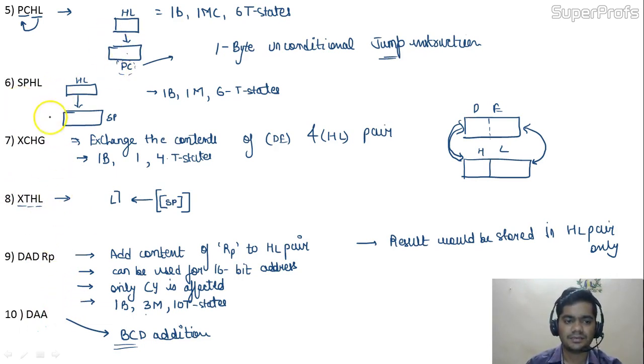So these types of instructions are sometimes used in the programming of microprocessor, and sometimes they are asked directly that this instruction is performing which type of operation. So I hope you have understood all the special purpose instructions you can write. Then we are going to see our jump instructions, that is the branching operations.